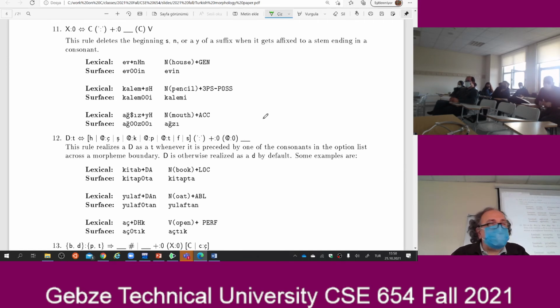But I have to standardize my input so that, for me, evin and kapının are using the same suffixes, even though they look very different. So foxes and cats are using exactly the same suffixes. In Turkish, we have different orthographic rules like those.